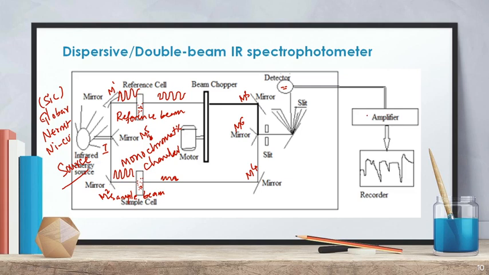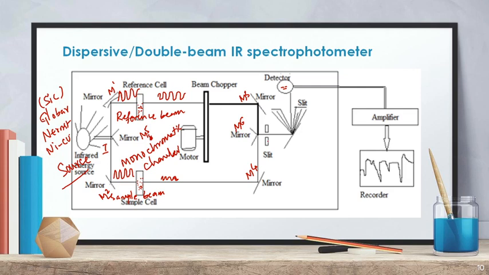After the amplification is completed, the signals are given to the recorder. The recorder gives the fine spectrum of the compound. By seeing the spectrum, we can detect the functional groups, or get information about the structure of an organic compound, or simply a compound. So this is the instrument we use for the structural interpretation of organic compounds.